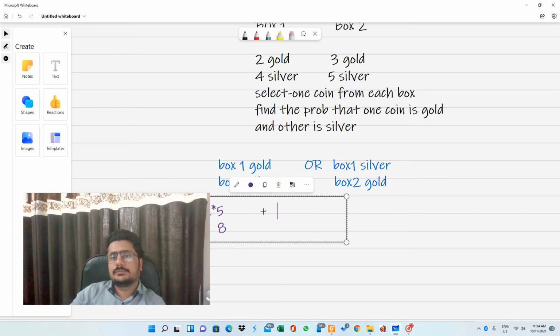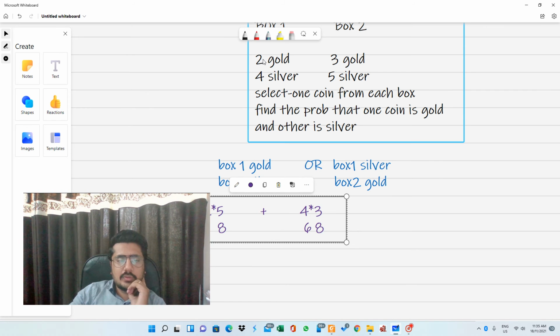Or box 1 silver, it is 4 by 6, and box 2 gold, so it is 3 by 8. It's very simple. You have to take gold from box 1, that is 2 by 6, and silver from box 2, 5 by 8, or silver from box 1, that is 4 by 6, and gold from box 2, that is 3 by 8.